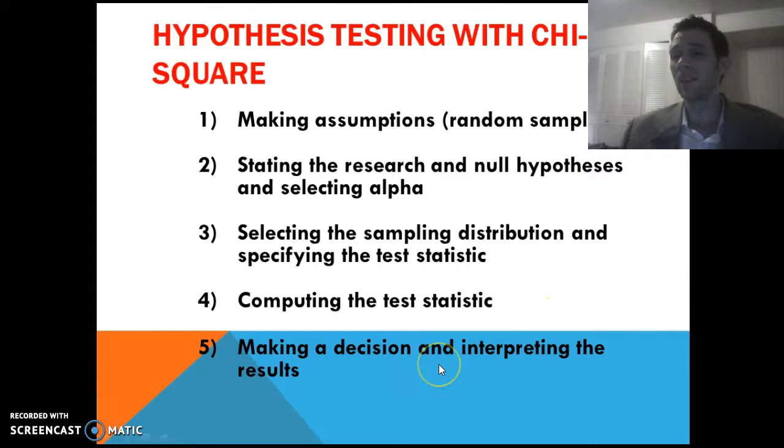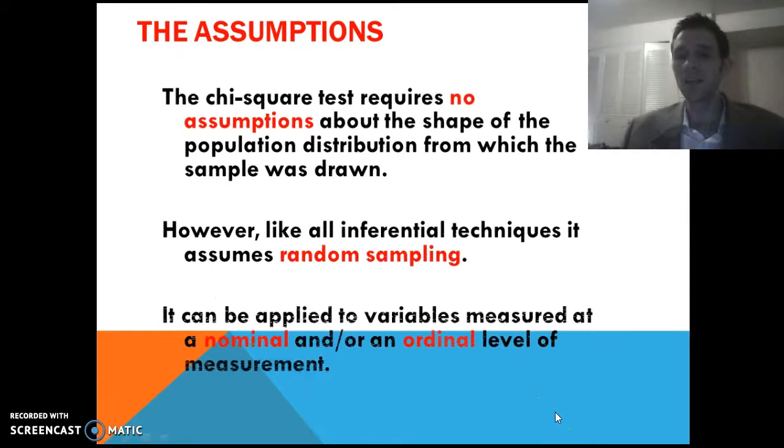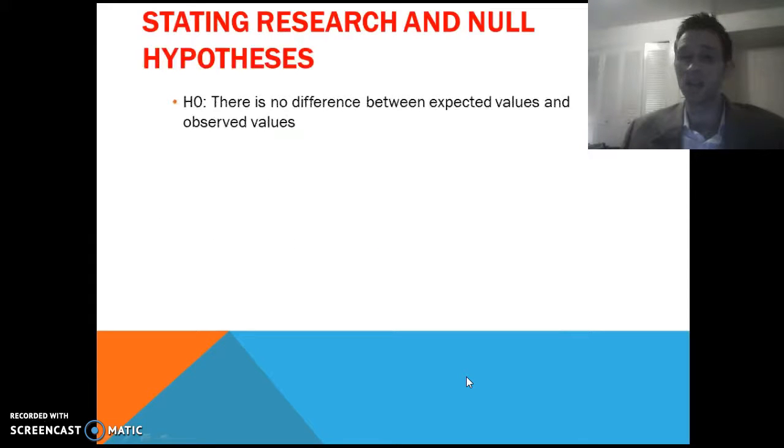And in all cases, if our z-score, t-score, or chi-square are bigger than our critical value, we reject the null. So a lot of things are familiar here, and there's a lot of carryover from what we've been doing, but we calculate chi-square in a different way than we calculate a z-score or a t-score. And again, one of the big benefits of this is that we can use this technique for a nominal or ordinal level variable, and you'll get some practice with that.